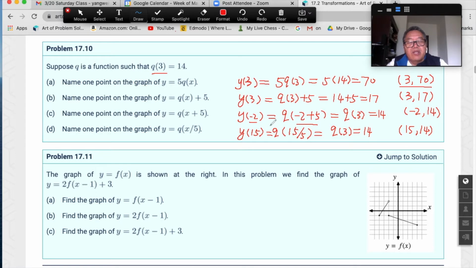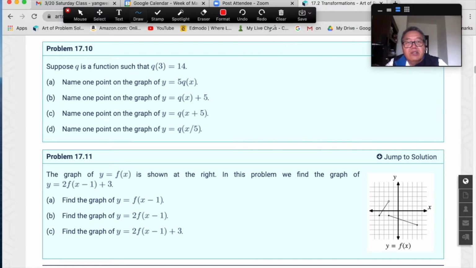We put 15 just because 15 divided by 5 gives us 3, and we only know the value of Q(3). So we can put 15 here, 15 divided by 5 is 3, then Q(3), we know that value, that's 14.